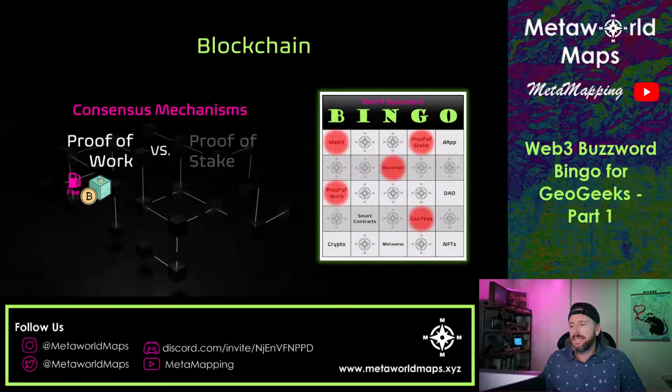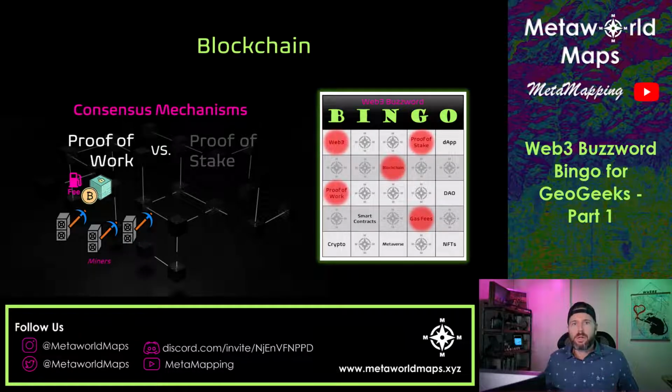And what happens is you've got all these different nodes, or what they call miners, in the network that essentially compete to solve these mathematical problems. The node that can solve these problems the quickest with the highest efficiency gets chosen as the node that then validates the network, creates that new block, and enters it into the blockchain.